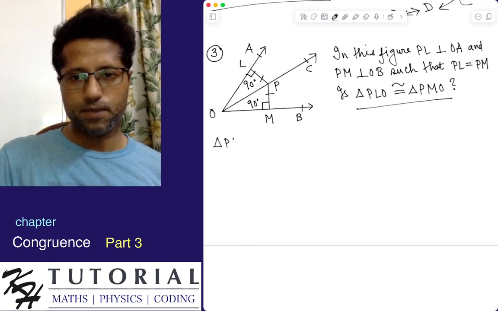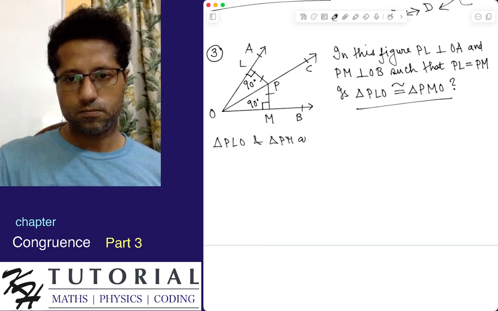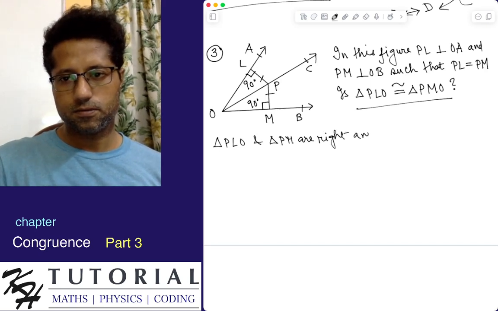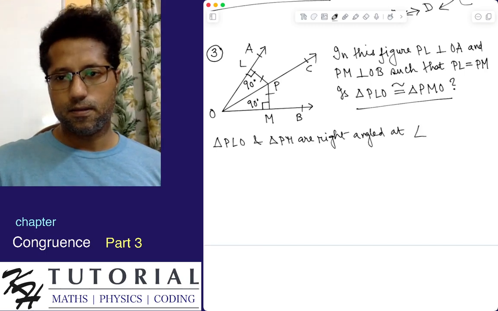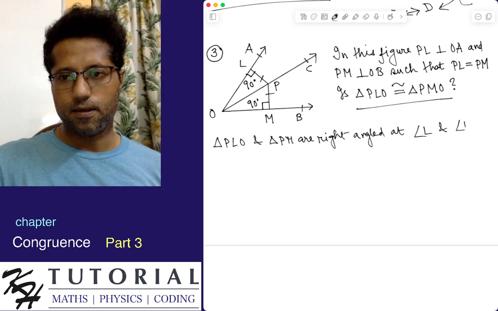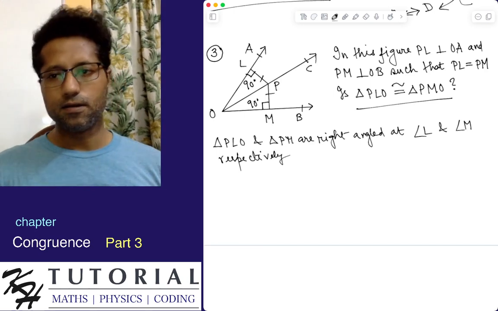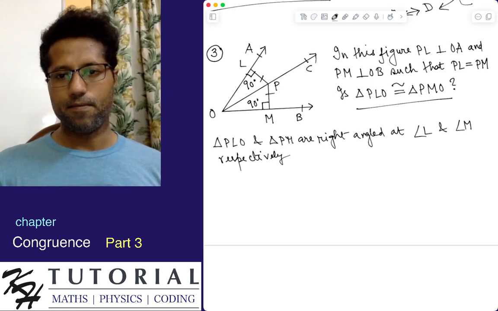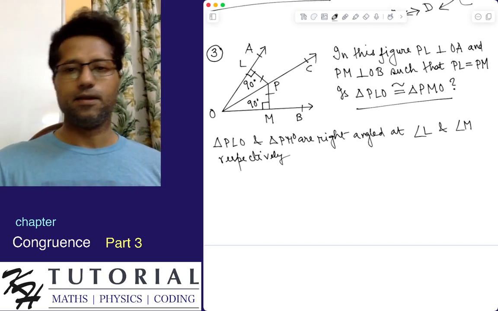So triangle PLO and triangle PMO are right angled at angle L and angle M respectively. We know this, so this is a fact. The triangle PLO is right angled at angle L, and triangle PMO is right angled at angle M.